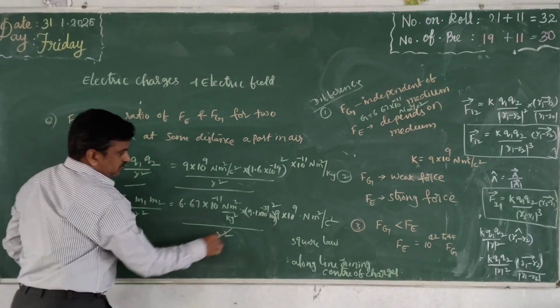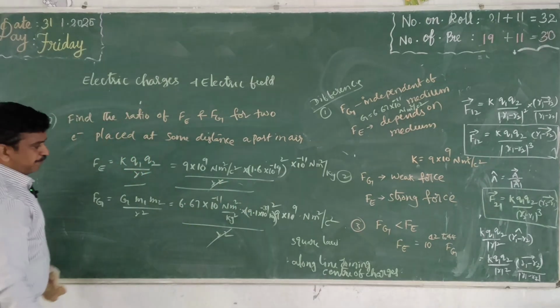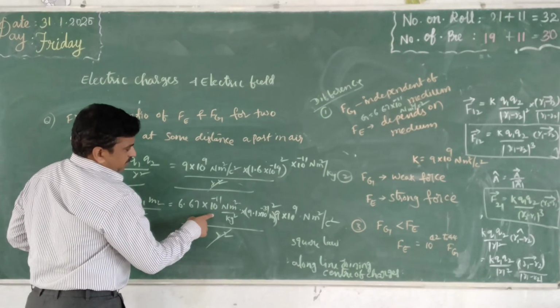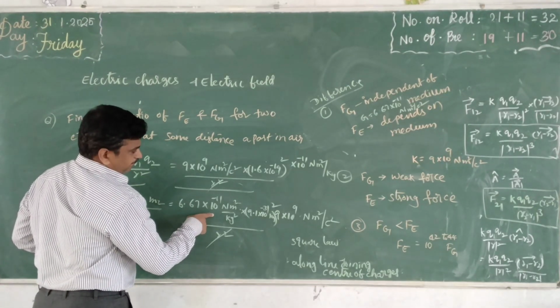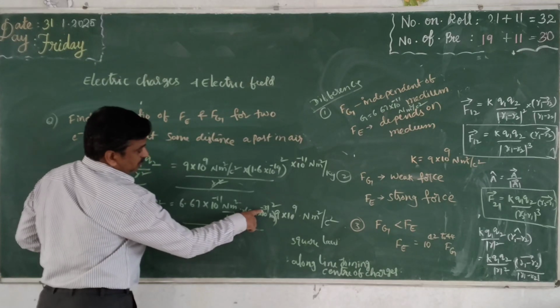See, r square cancels. Here 10 power minus 11, here 10 power minus 31 whole square.